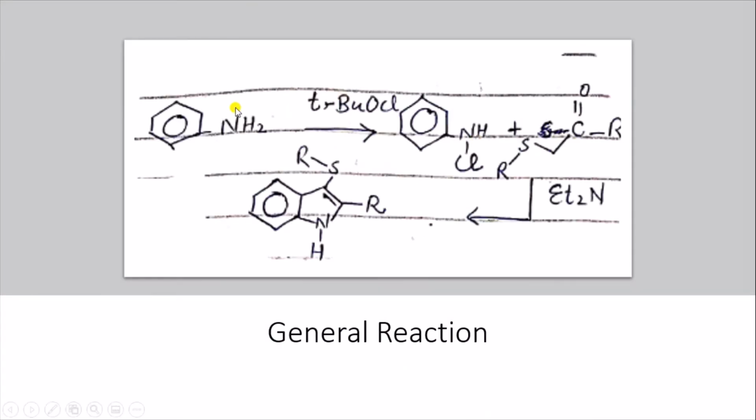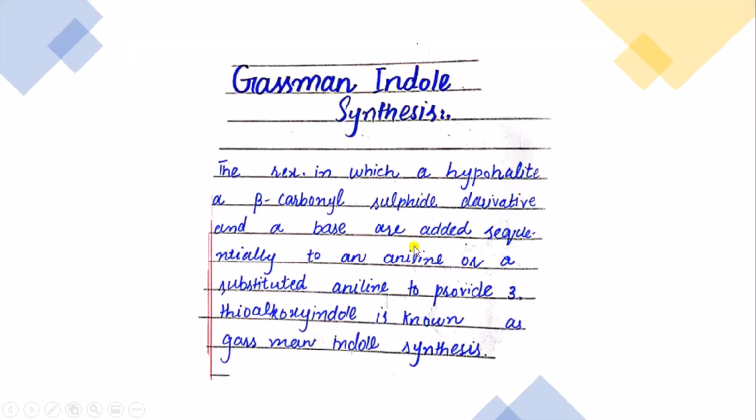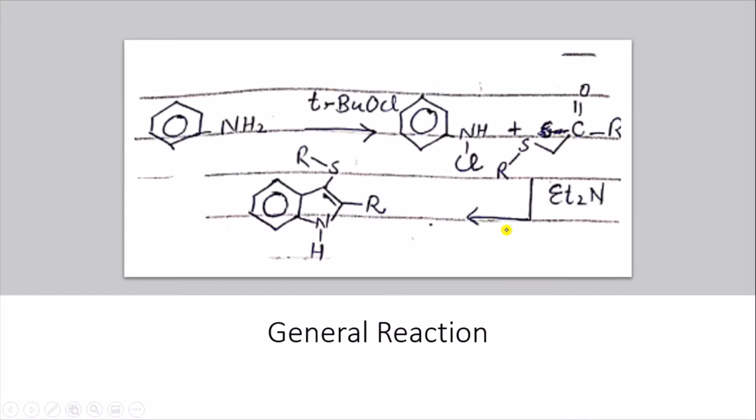Here we have an aniline, and here a derivative of beta-carbonyl sulfide and hypohalite. This is the base in the presence of which this reaction takes place. So this is the reaction which takes place.